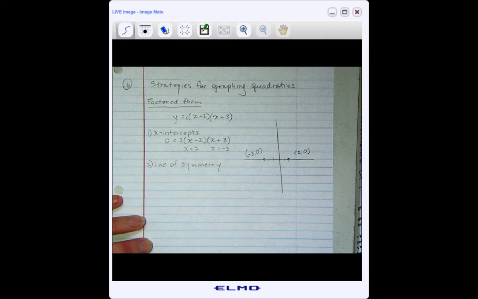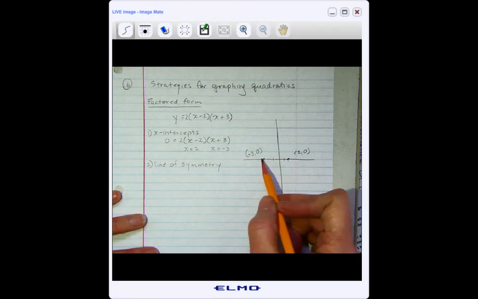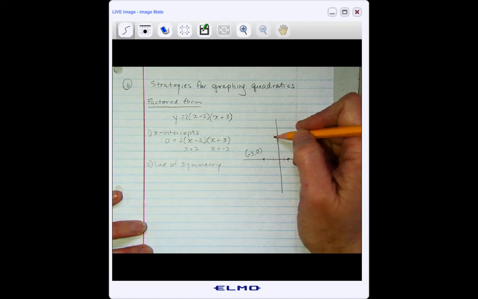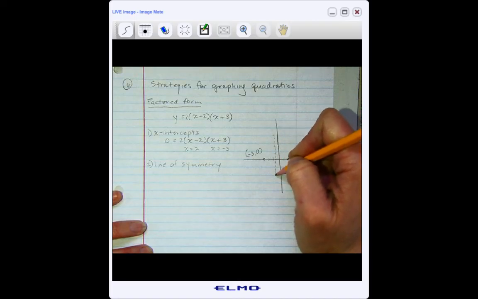All right, so we've seen so far in this unit that all quadratics do have a symmetrical point, and the symmetrical point is going to happen halfway between the two x-intercepts. So since those are 5 apart from each other, halfway would actually be at negative 0.5.